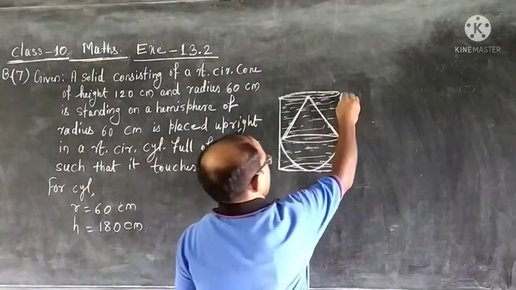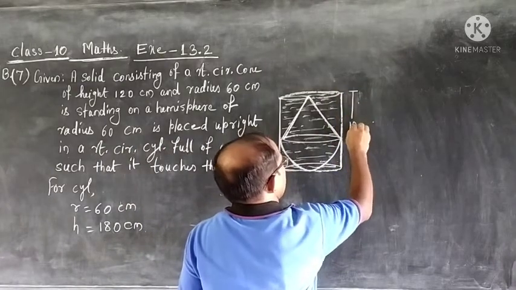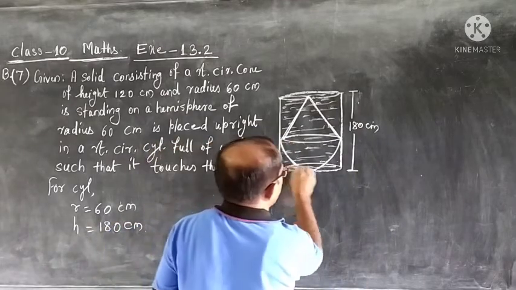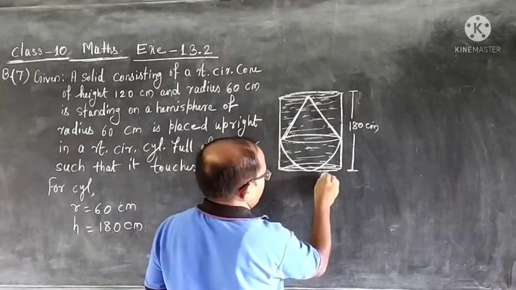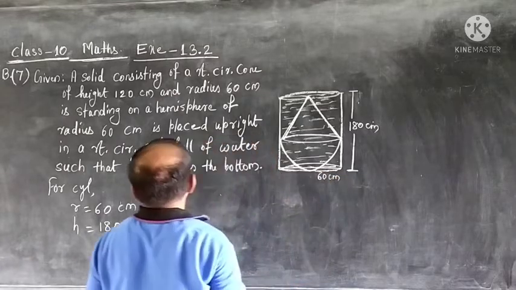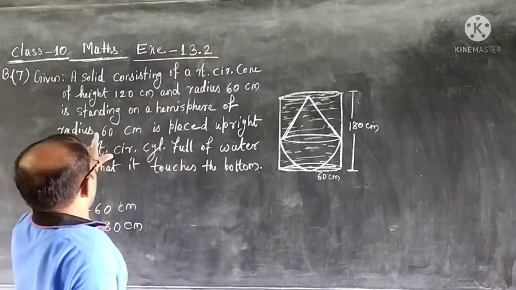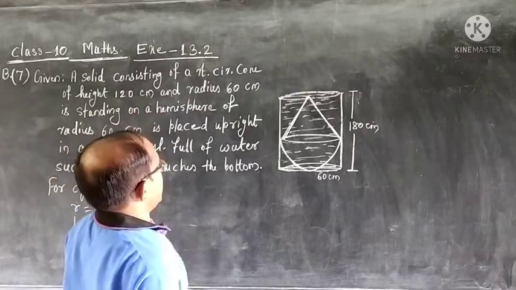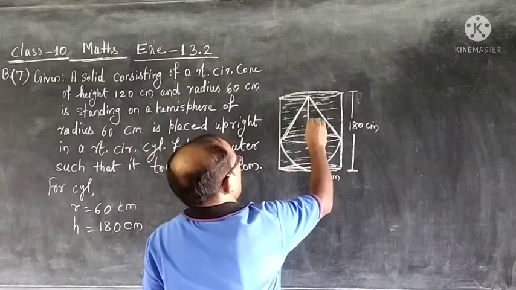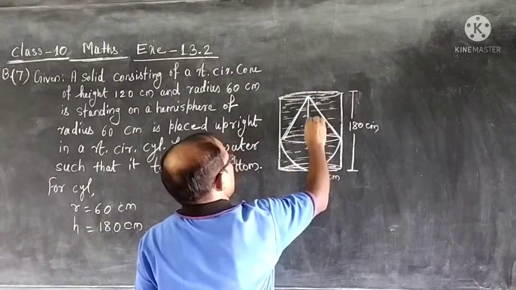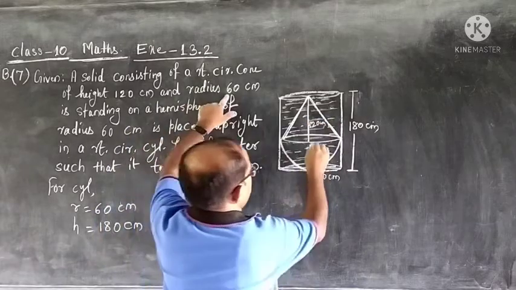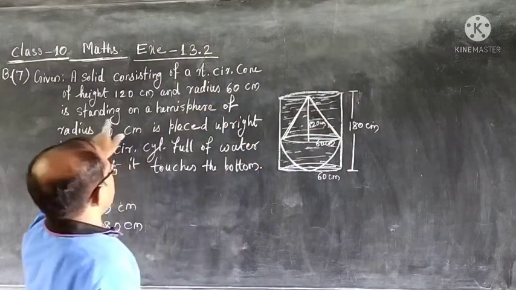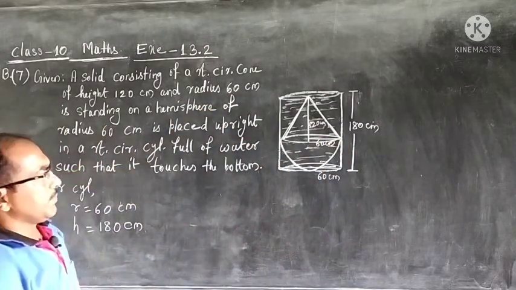Anyway, we will go for the dimensions. For the cylindrical portion, 180 centimeter is the height and the radius of the cylindrical portion is 60. Then the height of the cone is 120, and the radius of the conical portion is 60. The hemisphere radius is also 60.